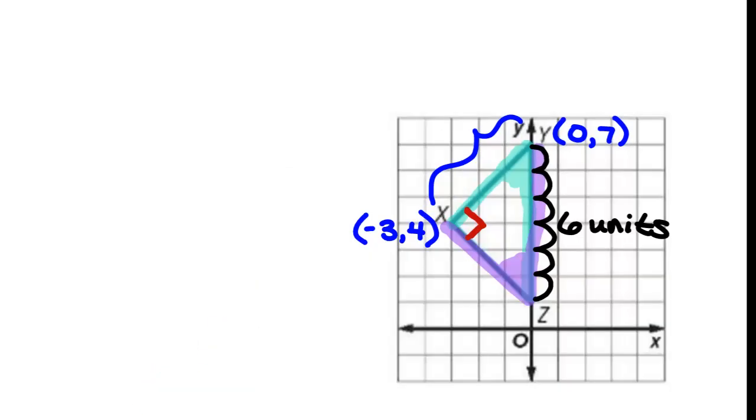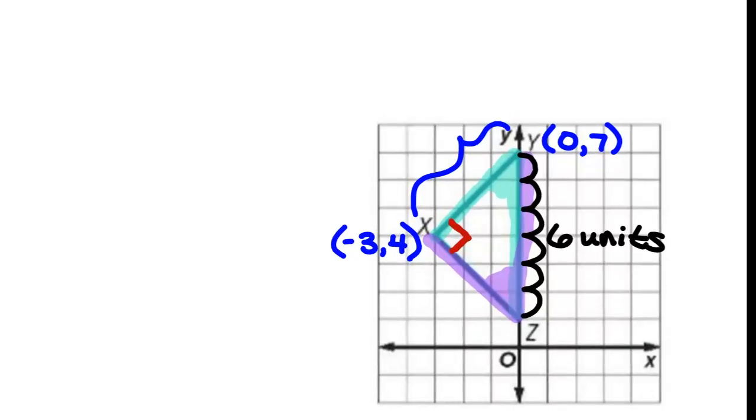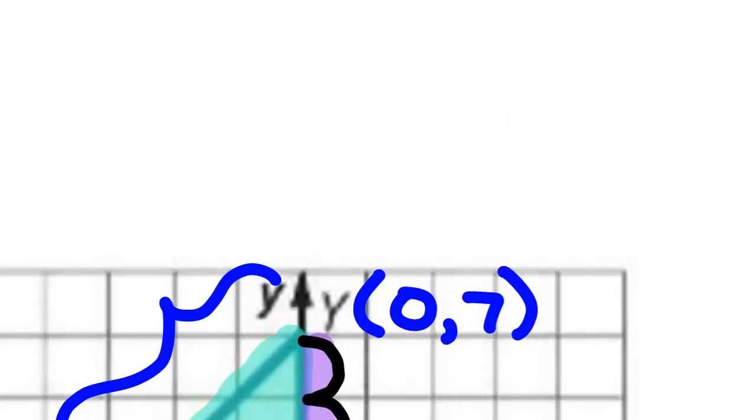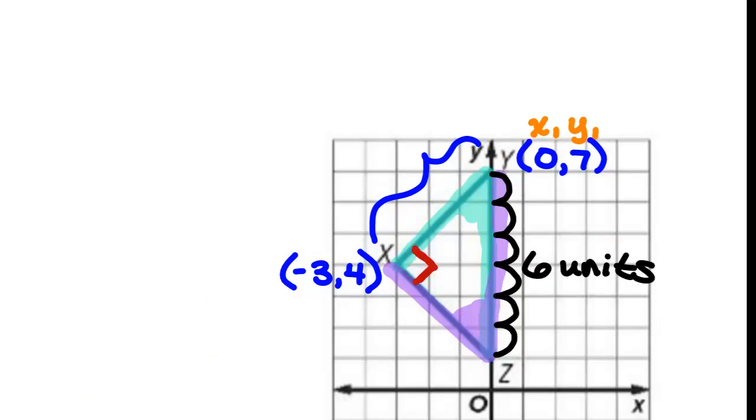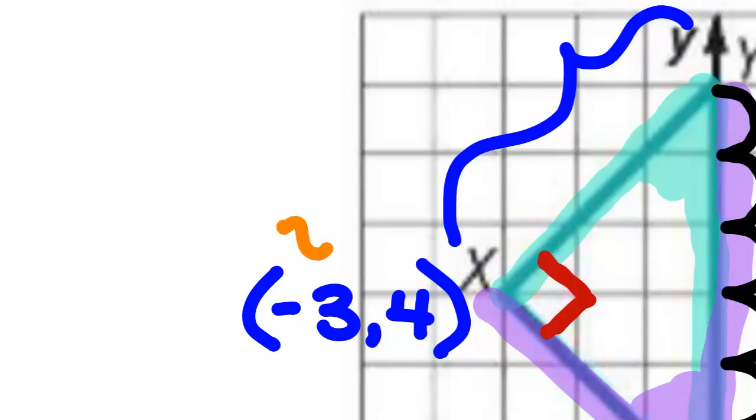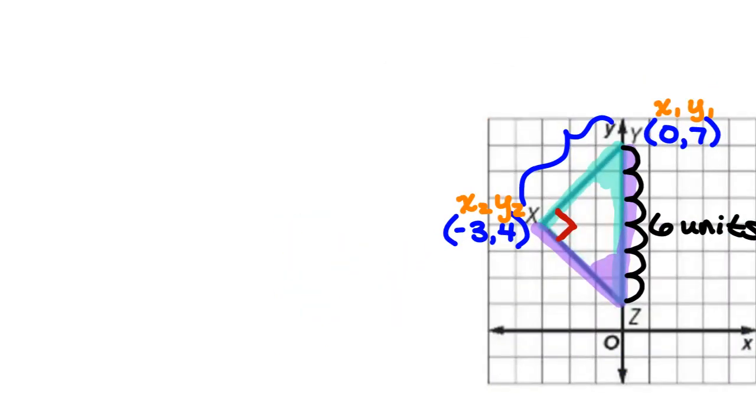Because remember, we don't go left or right at all, and that's always the first number, but we do go up 7. The y, the second number, tells me how far up and down I go. All right, let's let 0, 7 be the x1, y1. And let's let -3, 4 be the x2, y2.